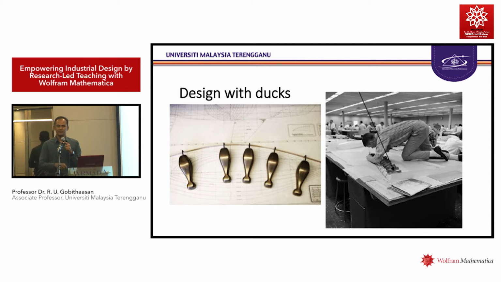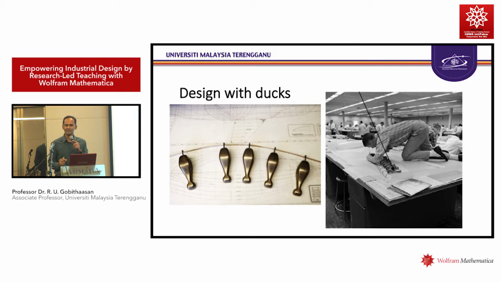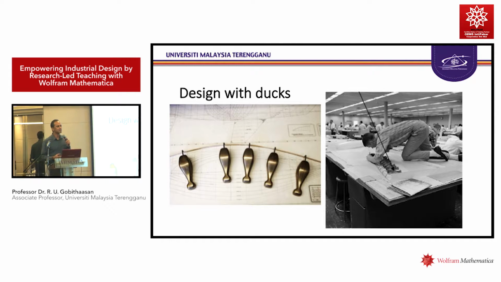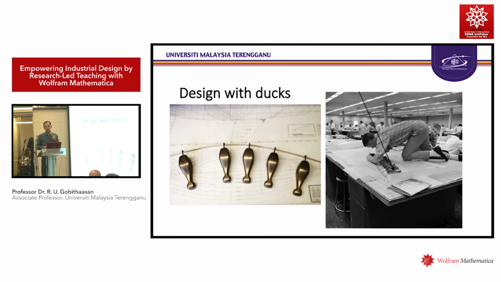Those days, going back a few centuries ago, they used to design with ducks. This is something made out of iron, with a weight. Then there is an elastic strip where you just pull and push with those ducks, and then you get beautiful curves. From there you draw the curves. Of course, it gets harder if you draw a huge blueprint, right?